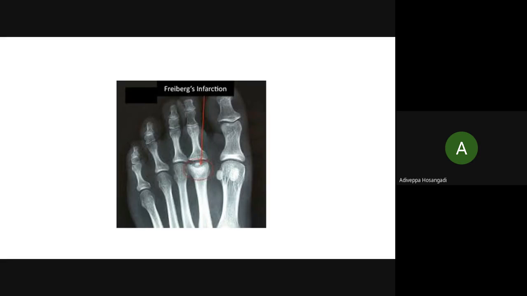Why it is second metatarsal is, generally remember, even in hand or feet, the second is a little longer. Today go and observe how you walk. Once you strike the heel, the weight gets transferred to the medial side and then goes across the arch.